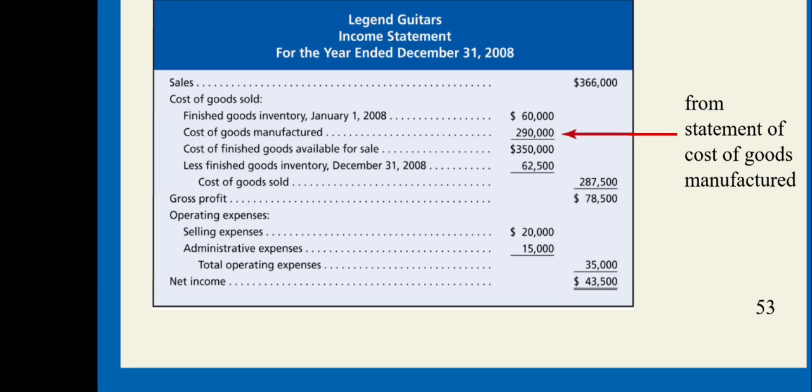And then you have to minus or less finished goods inventory at the end of the year. In this example, the amount is 62,500. So you will get the cost of goods sold. In this example, 287,500. And then see here, the first item is sales minus the cost of goods sold of $287,500.